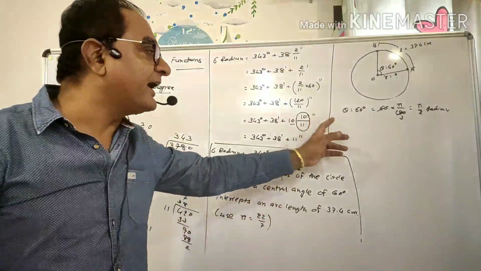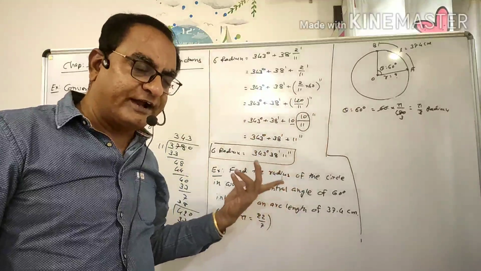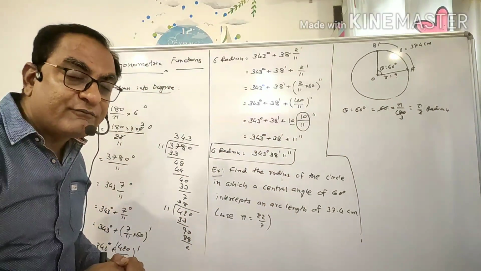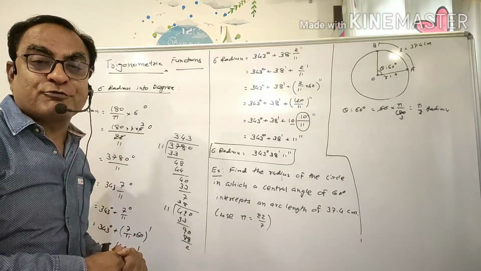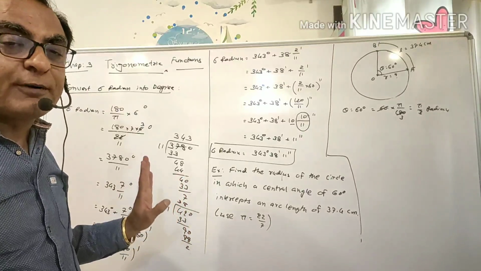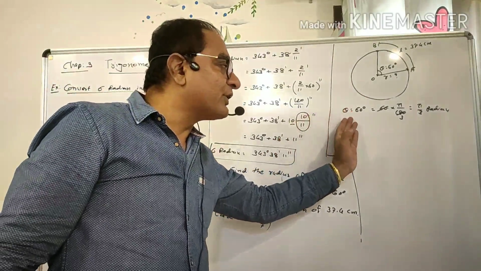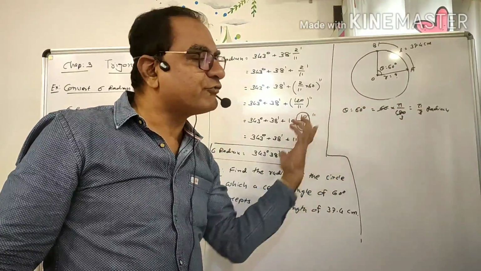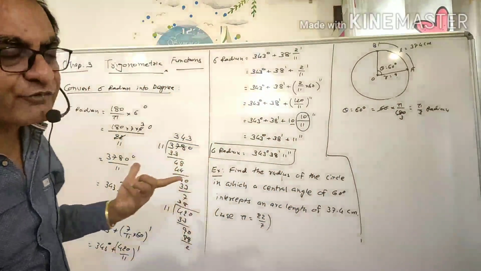You can directly write pi by 3 radians, because now you know that 30 degrees equals pi by 6 radians, 45 degrees equals pi by 4 radians, 60 degrees equals pi by 3, 90 degrees equals pi by 2. You will have to remember this and apply it like this. Or by multiplying by a factor of pi by 180 you can find the angle theta in terms of radians.